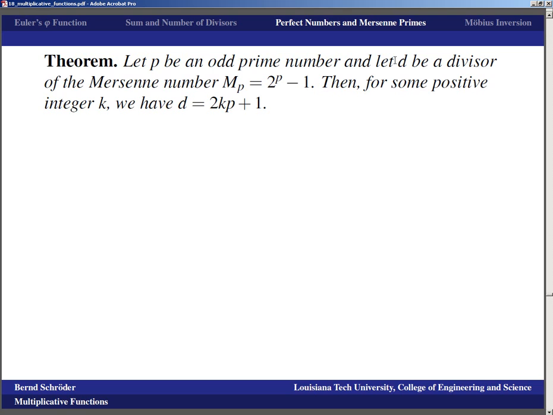So if p is an odd prime number and d is a divisor of the Mersenne number M_p = 2^p - 1, then we claim that for some positive integer k, we have that d is 2kp + 1.